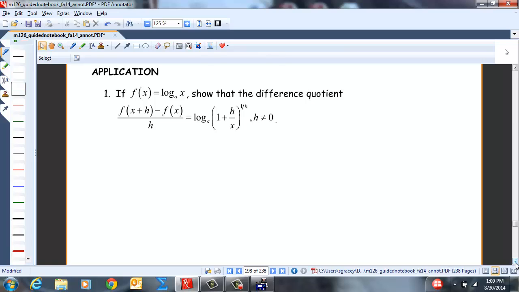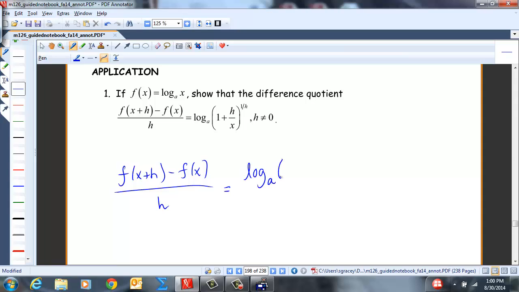So let's do it. f at x plus h minus f at x divided by h equals log base a, so we'll replace x with x plus h, and then the other part is just log base a at x, all over h.